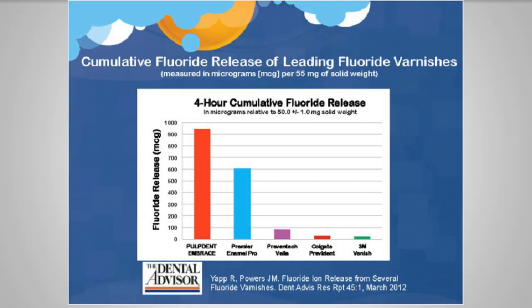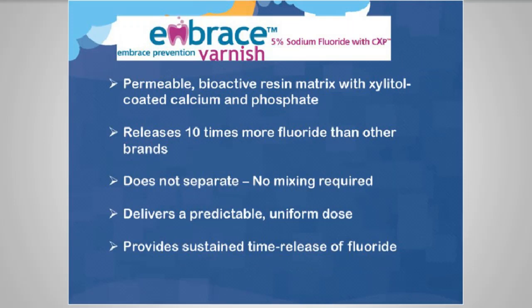These are the two top brands when people ask me what I like. These are excellent. Both of them work quite well. But as far as ease of use, the Embrace is the simplest. There's no mixing, no fuss, no muss, and it goes on and it's smooth. And it's really, really well received by the patients.